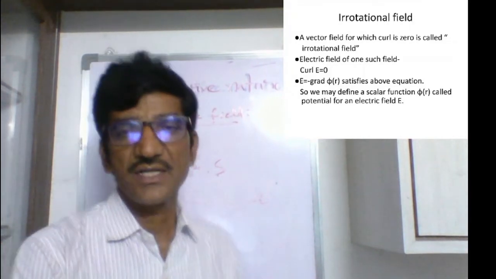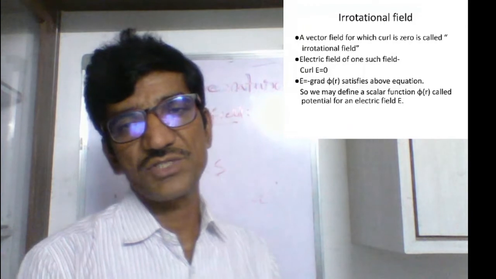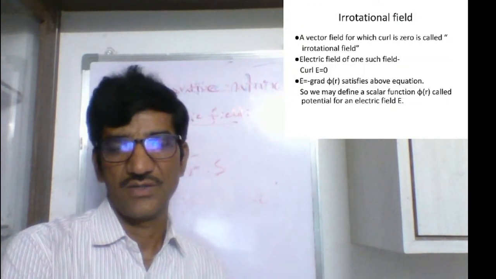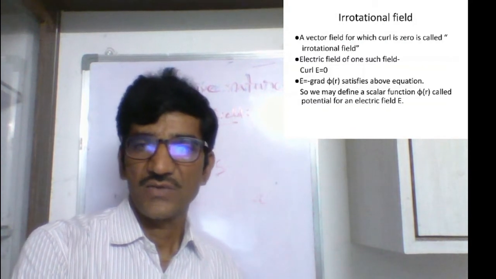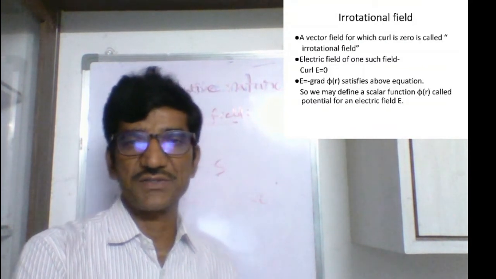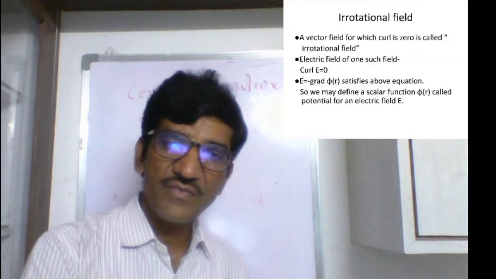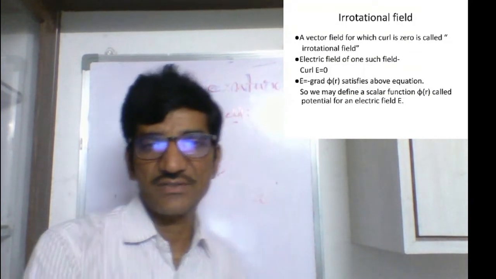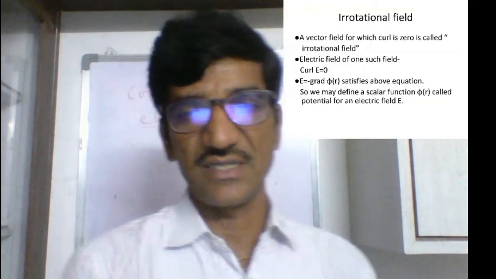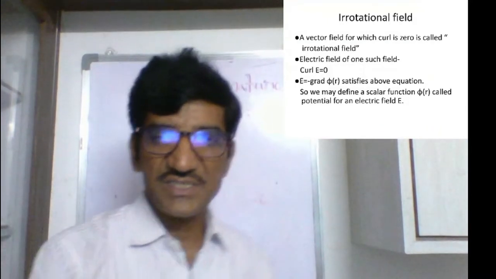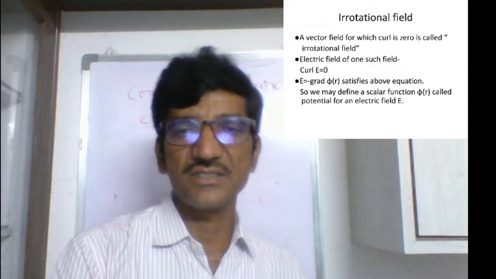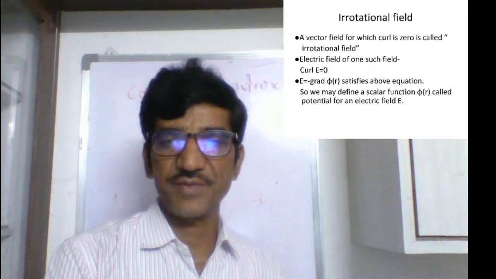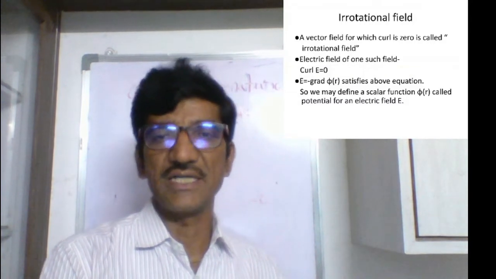See, curl E is equal to 0 is equivalent to the integral E dot dL is equal to 0. Why? Because if you go for vector analysis, you may convert that line integral into a surface integral, written in terms of the curl. You may use Stokes' theorem here.